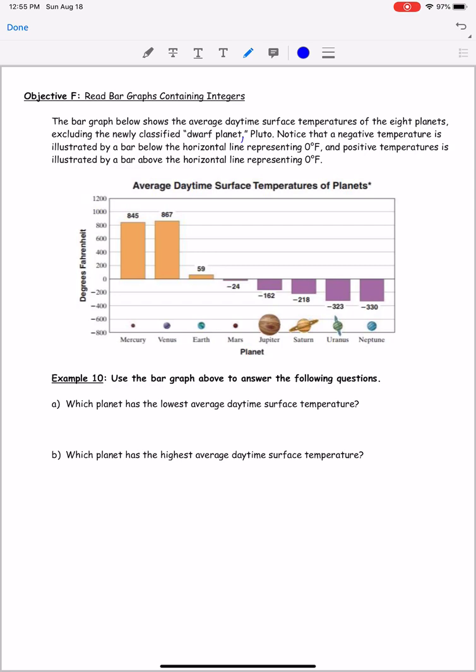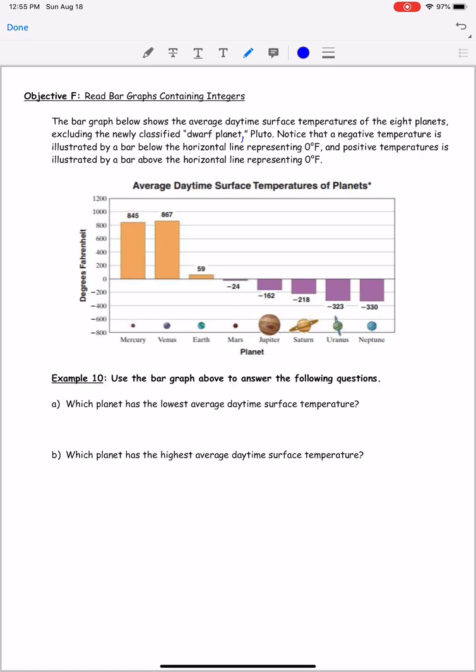Notice that a negative temperature is illustrated by a bar above the horizontal line. Oh, I'm sorry, below. So my negative ones here, that's what it's talking about. The negative temperatures are below your 0. So then what I circled before, your positive temperatures are illustrated by what's above that horizontal line.